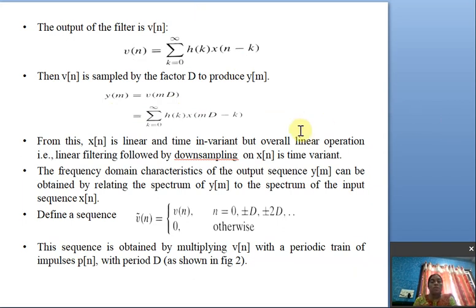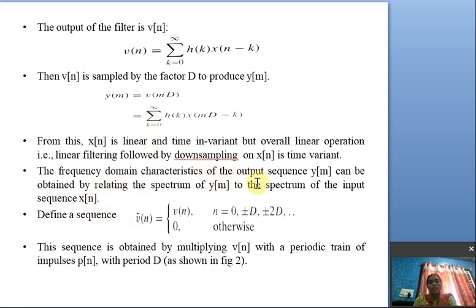Now y of m is equal to v of md. So substitute x of n minus k, then y of m is equal to v of md, which is the summation of h of k, and in the place of n take md minus k. Here x of n is passed through an LTI system.